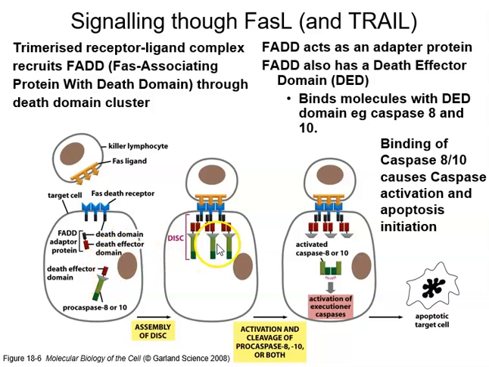We get multiple caspase 8s brought in close proximity to each other. They can auto-catalyze each other and activate each other to create active caspase 8 protein. And that active caspase 8 protein kickstarts the apoptotic process because that active enzyme will activate the executioner caspases.